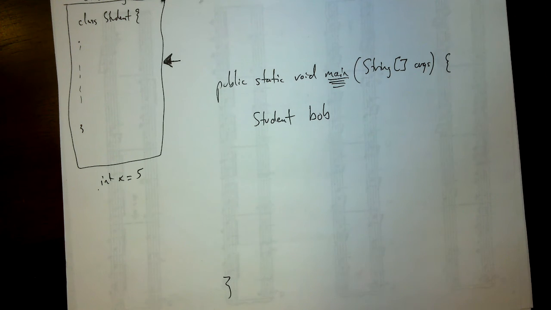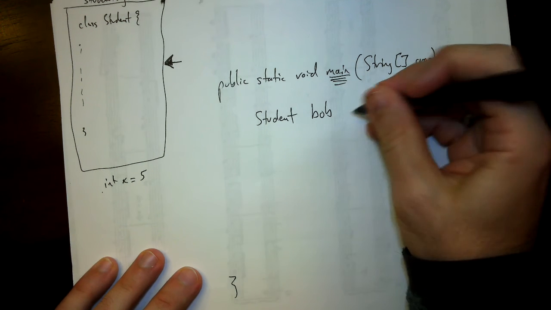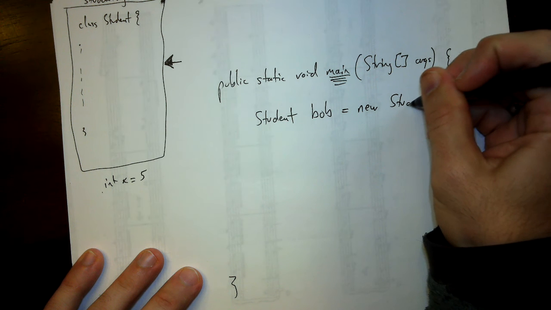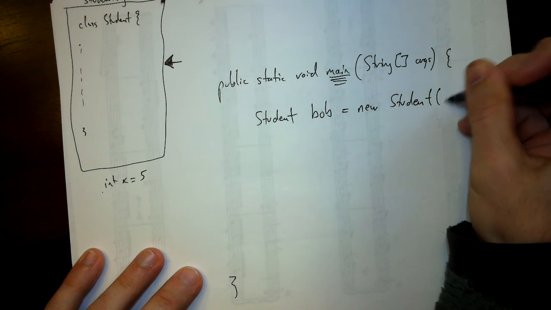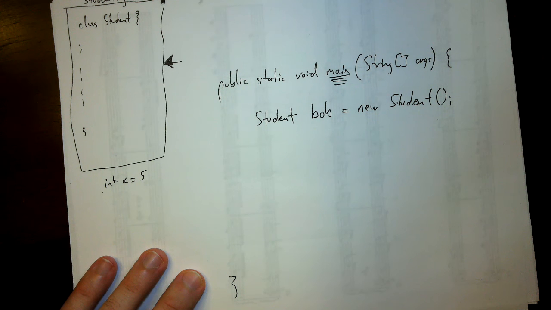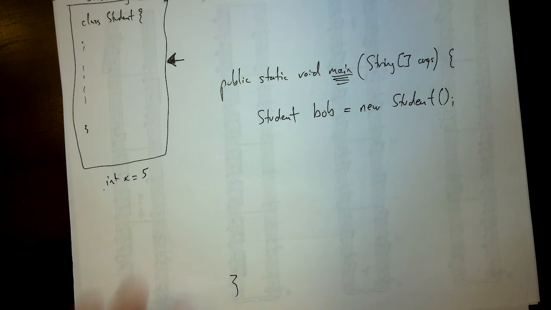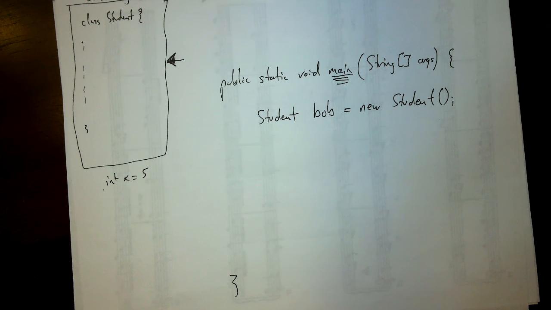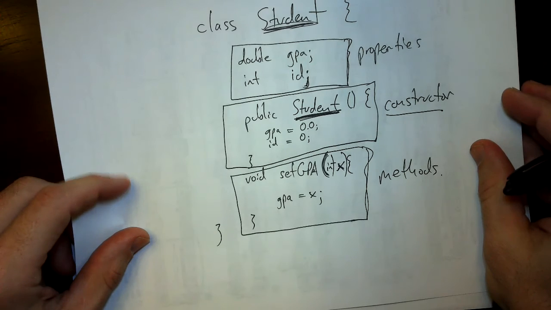So if I want to create a new student named Bob, I just say I want a new student. And that's it. I have created an object called Bob, and it contains all of this information in it.